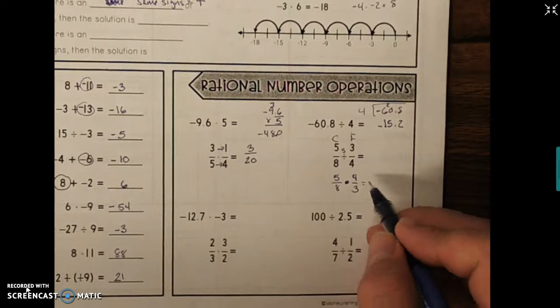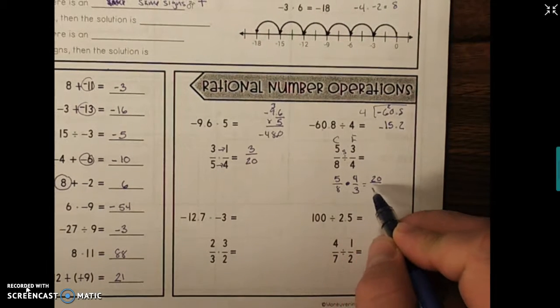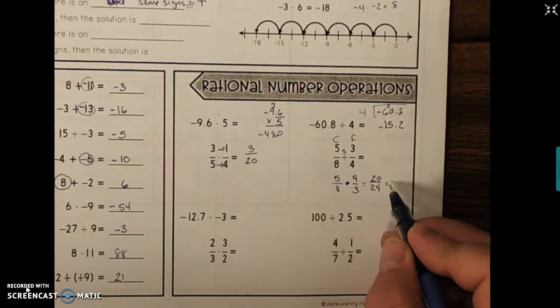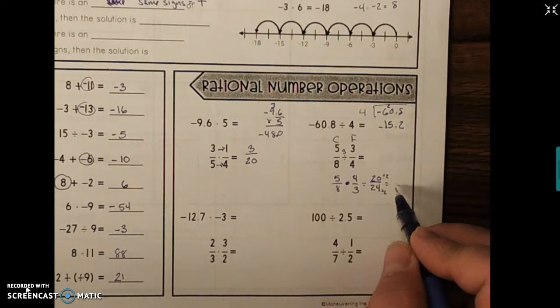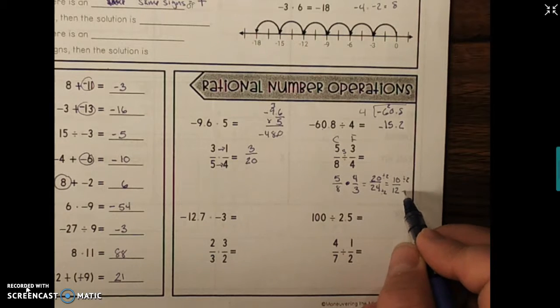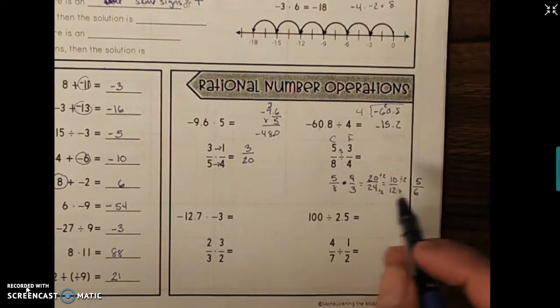It's top times top and bottom times bottom. 5 times 4 is 20. 8 times 3 is 24. Now I can reduce that. I can divide 2 into 20 and 2 into 24, and I get 10 twelfths. 2 will still go into that, so I'm going to do it again by 2. And I get 5 sixths, and that's my answer.